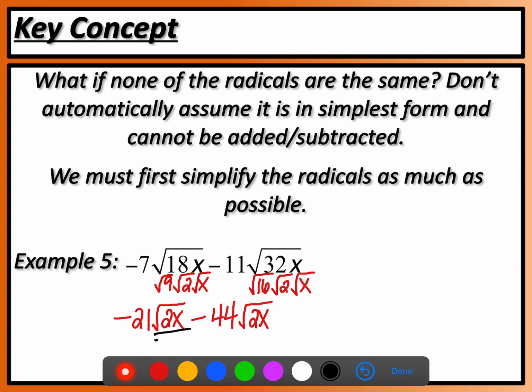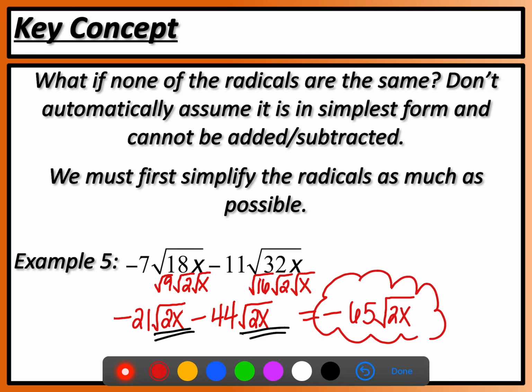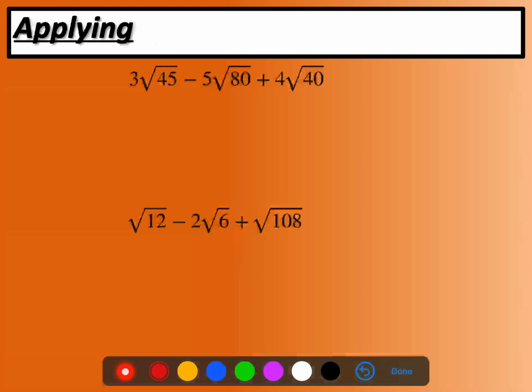So now that I've simplified, look, I have the same radical, which means like terms, so I can do negative 21 minus 44. Negative 65, radical stays the same.